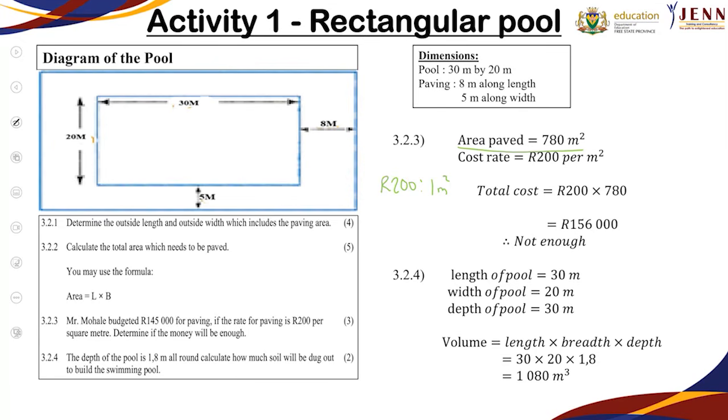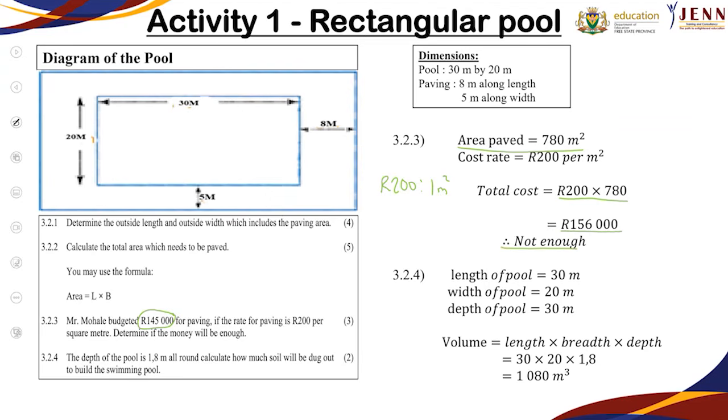So all I do is say 200 per square meter multiplied by the 780, which means his actual cost will be 156,000. Now, how much has he budgeted for? He budgeted for 145,000, which means his money will not be enough.